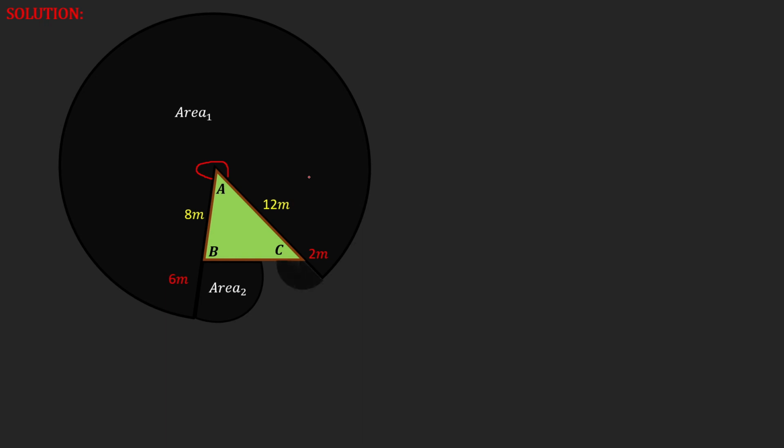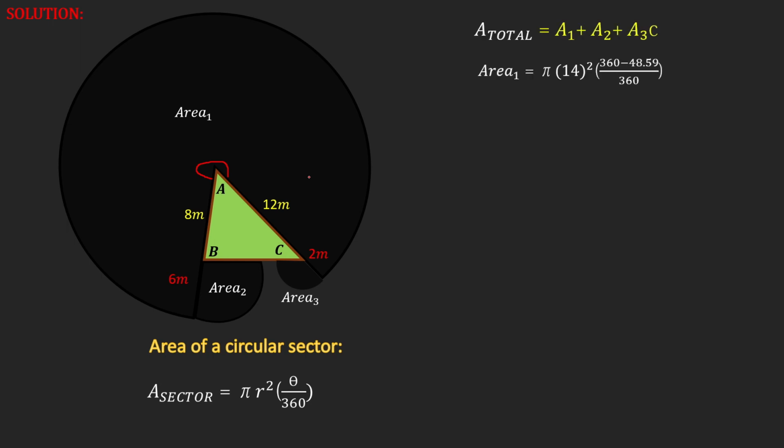Para makompute natin yung total area, gamitin natin ang formula ng circular sector is equals to pi r squared times theta over 360. So, area 1 is pi r squared. Ang kanyang radius is 14 squared. 360 minus 48.59, diba ang isang revolution is 360 degrees. Bawasan natin ng 48.59 yung angle A. So, makakompute natin, area 1 is 532.645 meters squared.